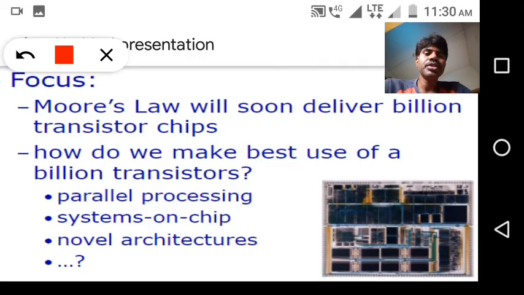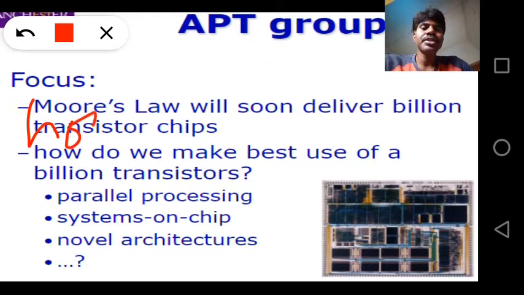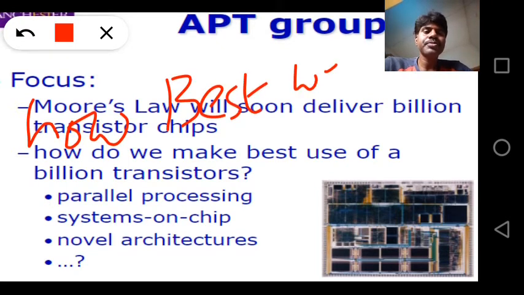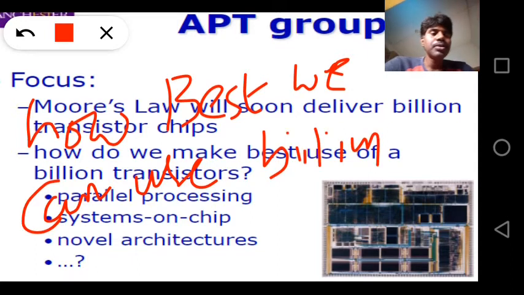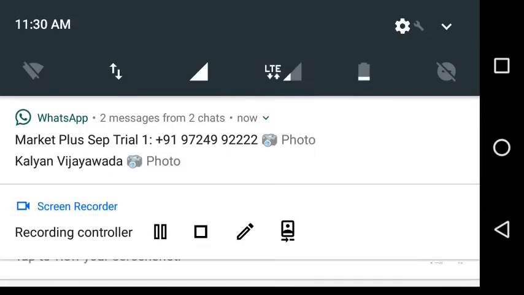The major goal is how best we can use these billions of transistors, because with these billions of transistors you can do billions or trillions of calculations. The billions of transistors, very important to note down.